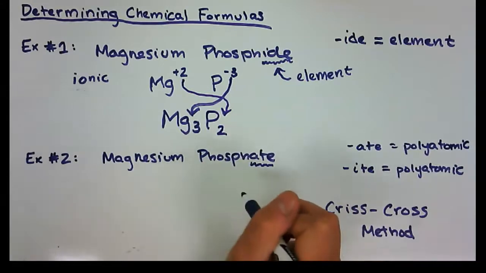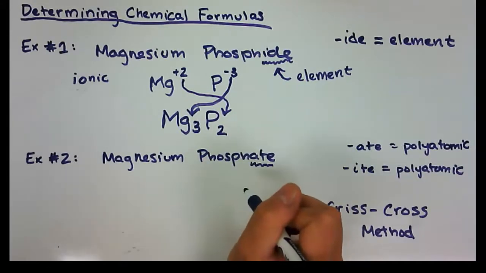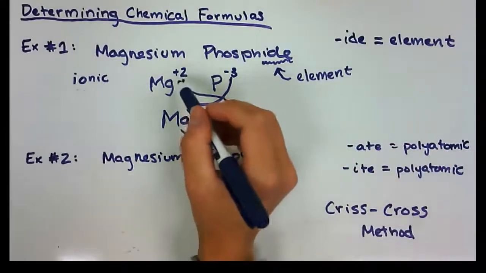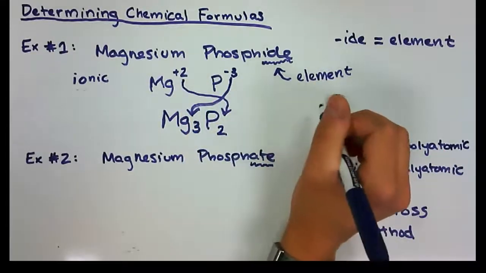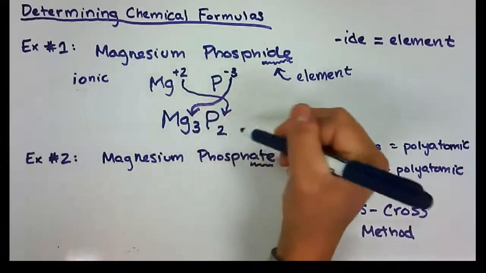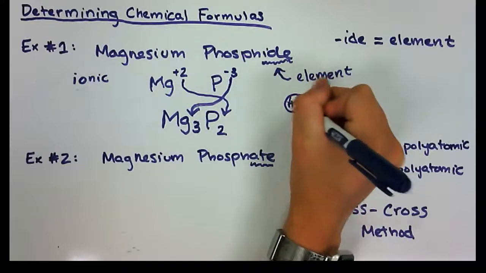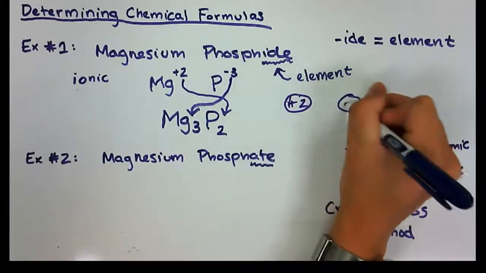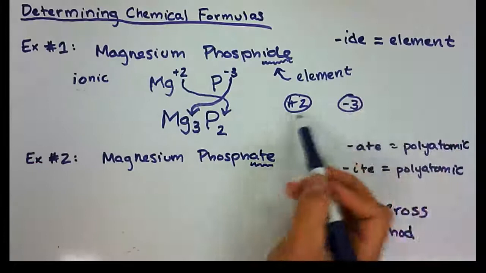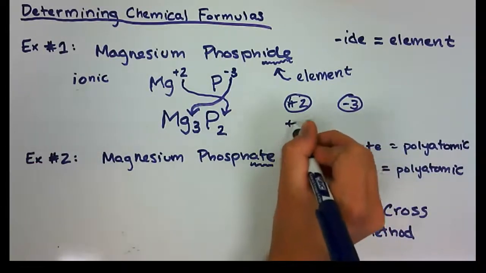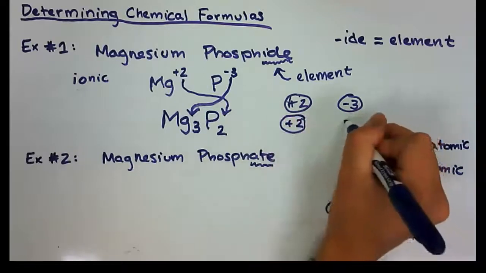Let's talk a little bit about why this works. We need our charges to be balanced, so we need to end up with basically the least common multiple. If we have an Mg with a +2 charge and a phosphorus with a -3 charge, that's obviously not balanced yet. So we add another one: +2, -3.